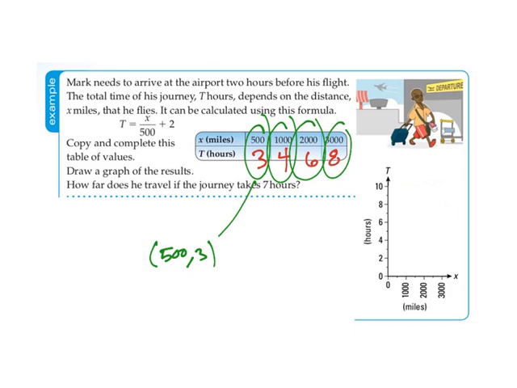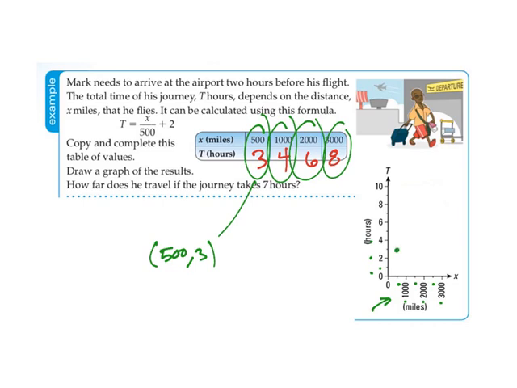On the x-axis, they're counting by 1,000s, but in between you have 500s, an interval of 500, whereas on the y-axis, which represents your hours, it's going by every 2, and between there's 1. The first coordinate is 500, 3. So we go to 500, go up to 3, and make a point.